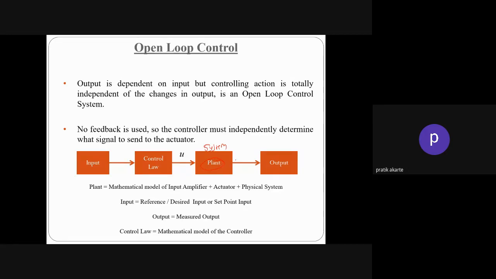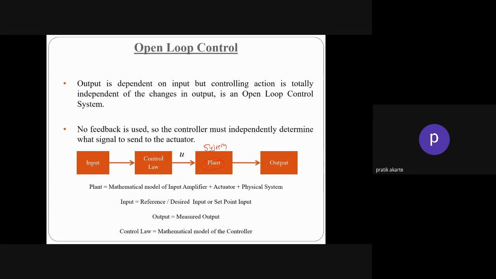And the control law is the most important. It is a mathematical model of the controller to achieve the correct input output combination. That is what we call a control law. So this is the block diagram of an open loop control system, in which there is a plant on which the control law is applied, and the plant is giving the output, and we are supplying some input.